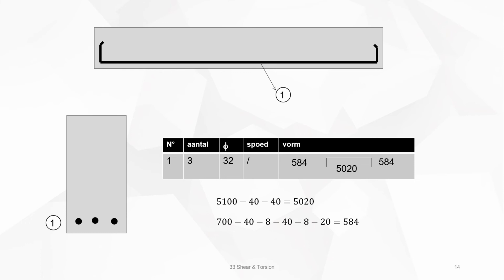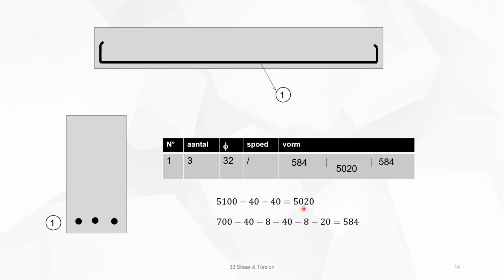We start, for instance, with the rebars at the tension zone. We have 3 rebars, and we call it number 1. Diameter is 32 and the shape is a U shape with these dimensions. 5020 comes from the 5100, the total length, minus 2 times the concrete cover.